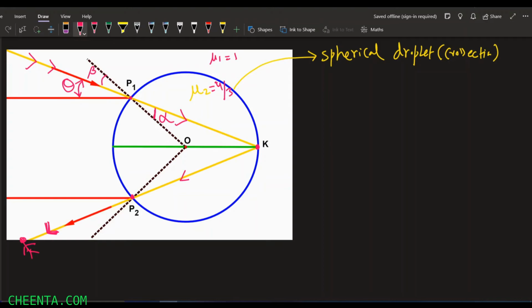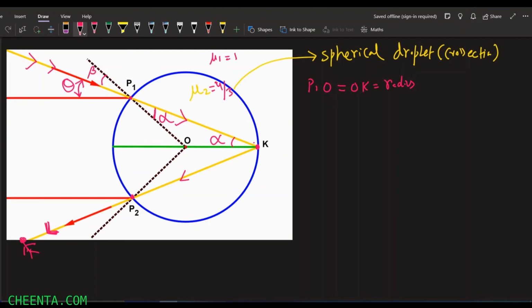Now, as I have told you before, this is the perpendicular, so it goes through the center of the circle. So P1O equals OK equals the radius, because OK is also the radius. So in this particular triangle, two sides are equal, so the opposite angles will also be equal. So this is also alpha, and at the point K the ray is reflected.